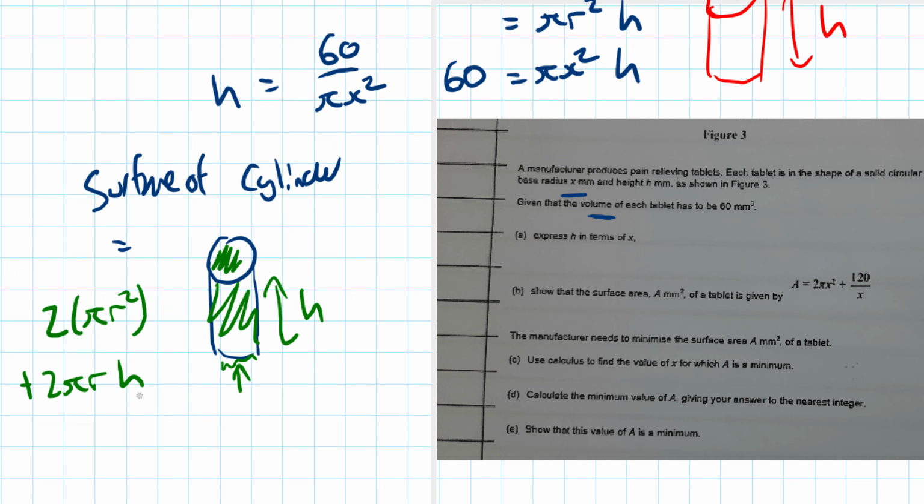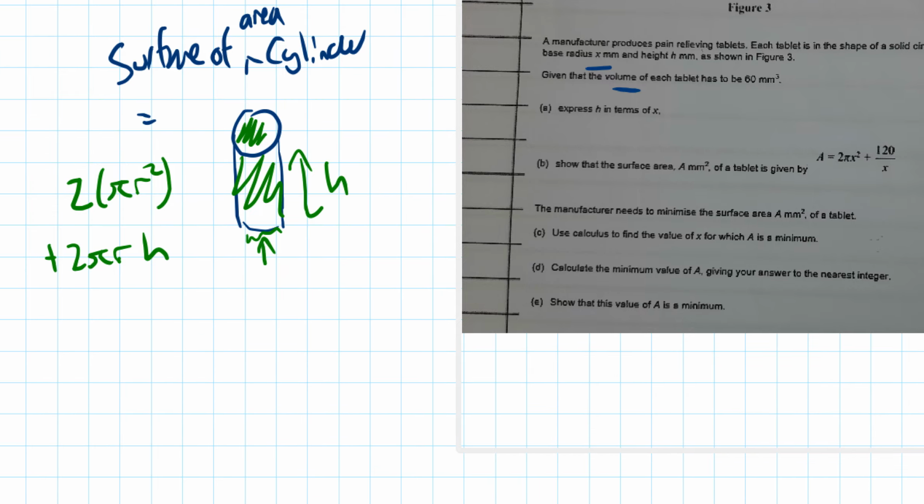If you're really struggling with this, make sure you flashcard it so you can remember them. The surface area of a cylinder is given by 2 times pi r squared plus 2 pi r h. If we substitute in our values, we know that the radius is x, so it's 2 pi x squared plus 2 pi x h.